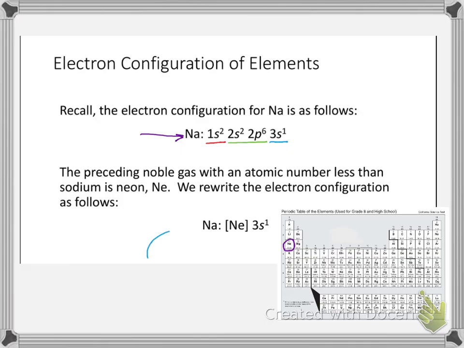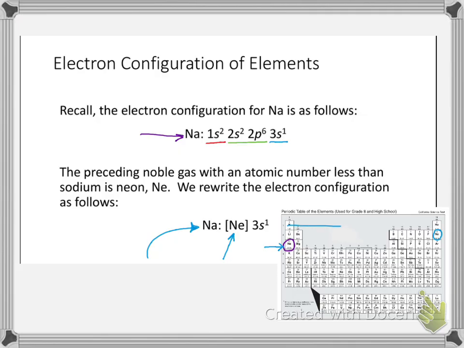Now here, which I also went over in Chapter 4, is an abbreviated electron configuration. In abbreviated electron configurations, they go to the noble gas that is before the element. So with sodium, the noble gas before sodium is neon, and they put the symbol of that noble gas in a bracket. What that tells us is up to neon, all the electrons are present.